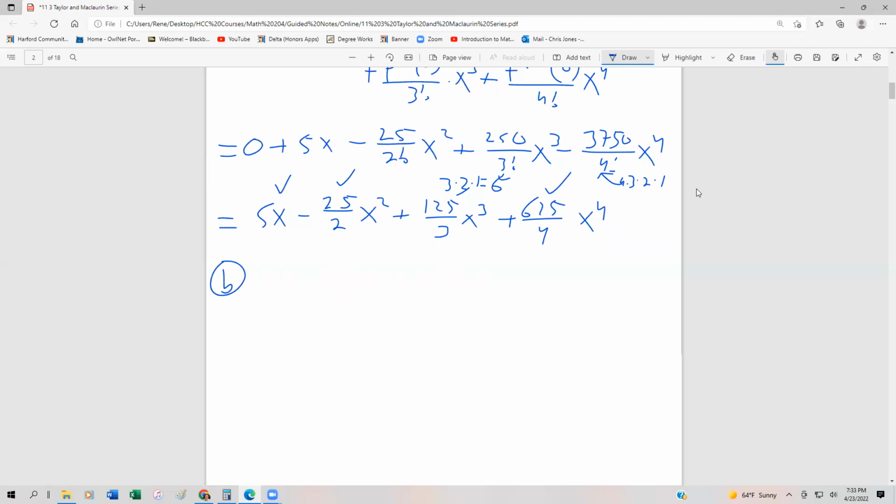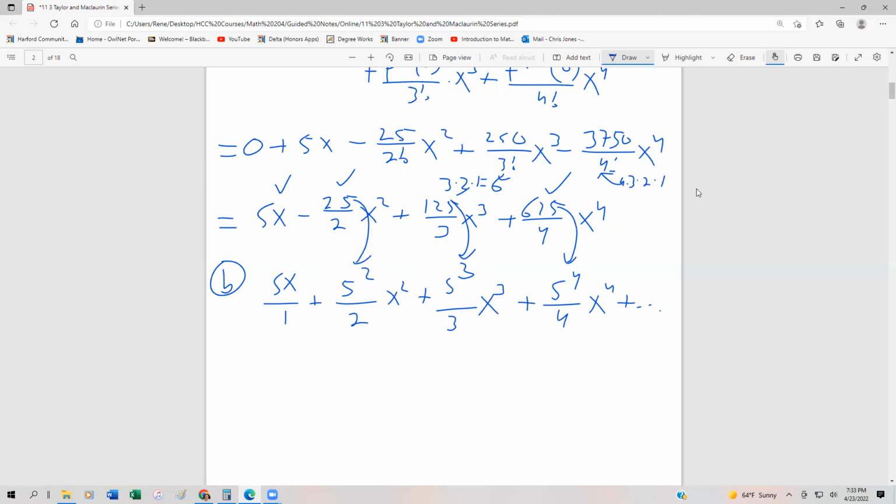And so I can rewrite this as 5x over 1 plus 5 squared over 2 x squared plus 5 cubed over 3 x cubed plus 5 to the 4th over 4 x to the 4th. And that would just keep going on forever. Now, 625 is 5 to the 4th.